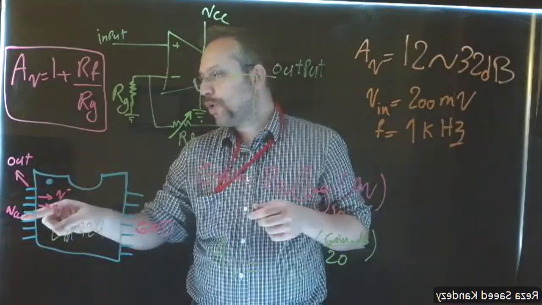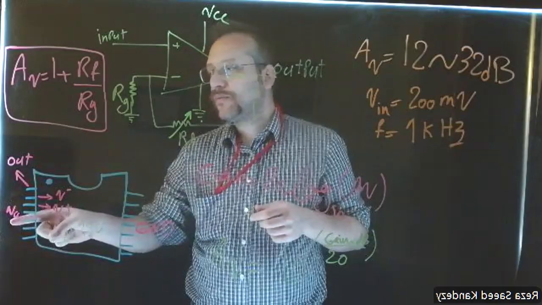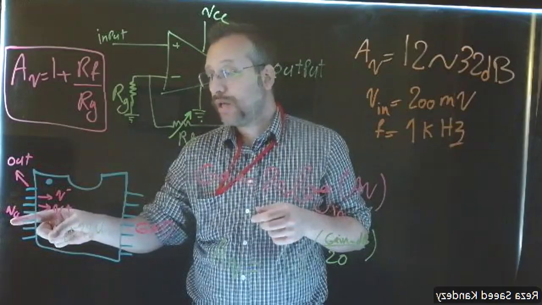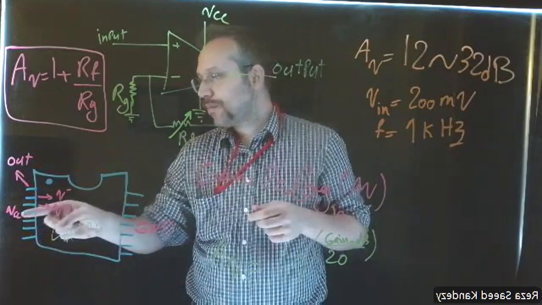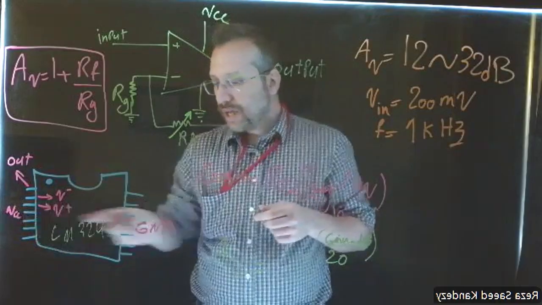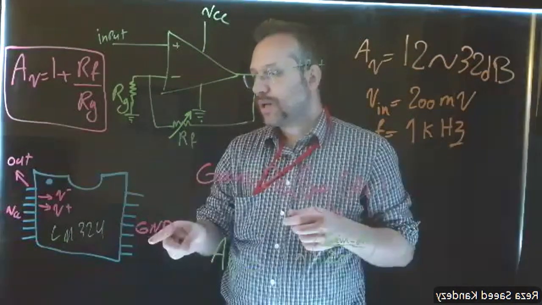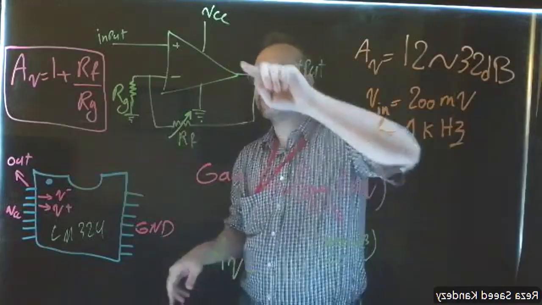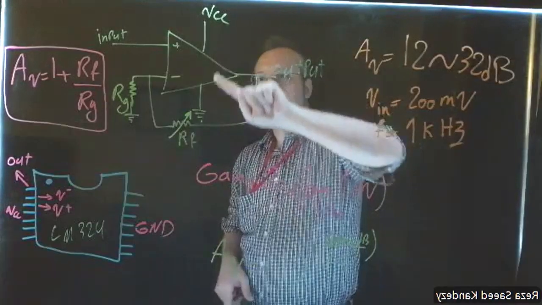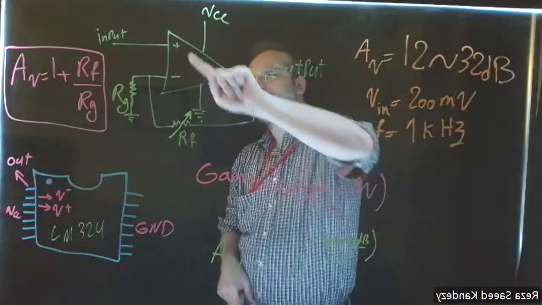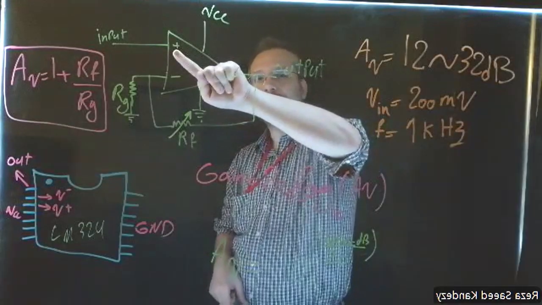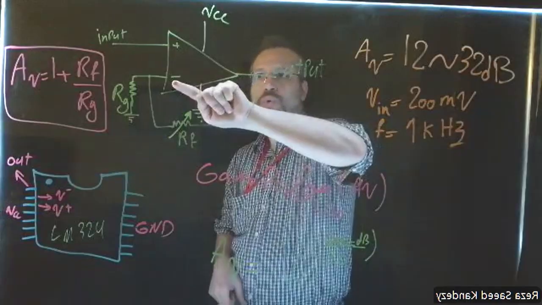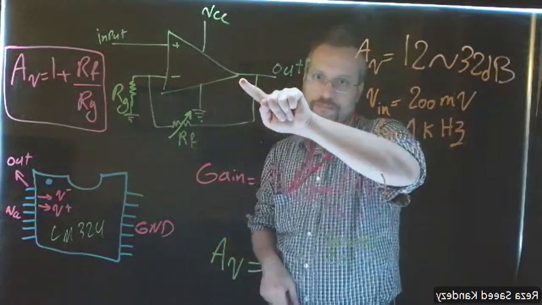Pin number 4 is the one that we use to connect to the VCC for supplying the amplifiers, and pin number 11 is going to be connected to the ground. So this is pin number 4, this is pin number 11, this is pin number 3, pin number 2, and pin number 1.